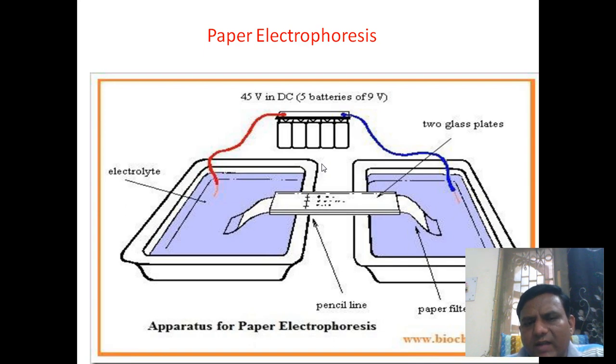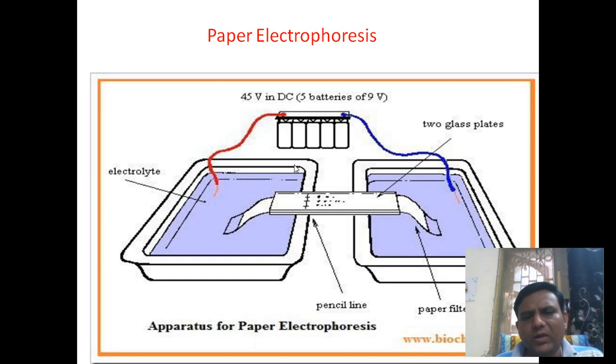Negative charge molecules will migrate toward the positive electrode, and positive charge bearing molecules migrate toward the negative electrode. In this way, your samples containing different charge molecules may be separated with the help of paper electrophoresis.